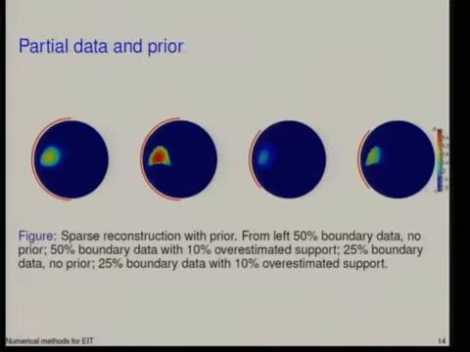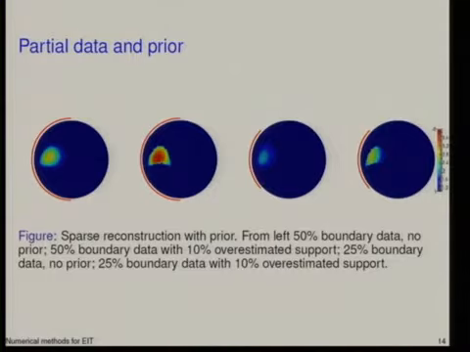This is what we get from the kite phantom if we measure only on this part of the boundary, and there's no prior to the left. In the middle one, there is a 10% overestimate of the prior, and we get more or less as good as with the full data in this situation. So even with partial data, knowing where the connectivity is is very valuable.